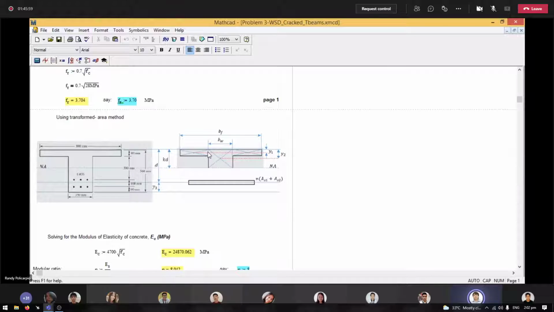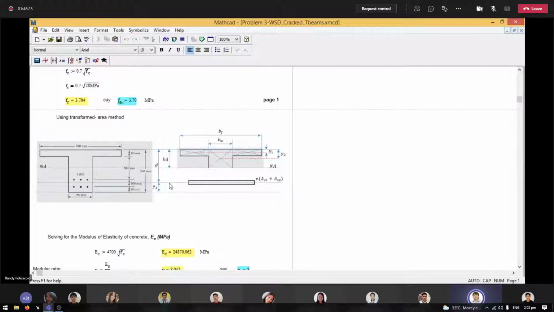We have this one at saka yung dalawa dito. Since similar itong dalawa, we will just multiply them by 2. So the centroid of this flange, ang kanyang distance from the top ay y1, while itong rectangle na to, which is the web, ang centroid niya from the top ay y2.